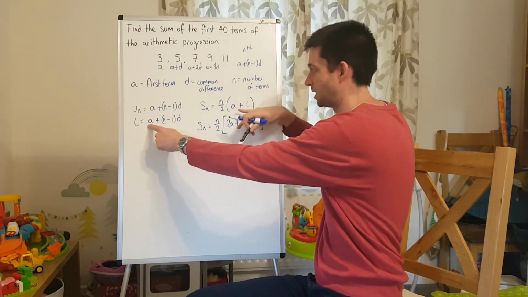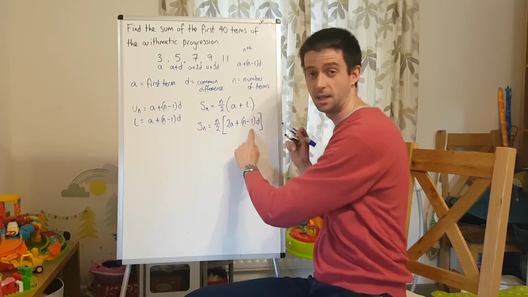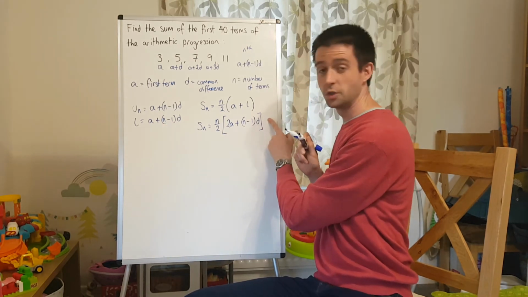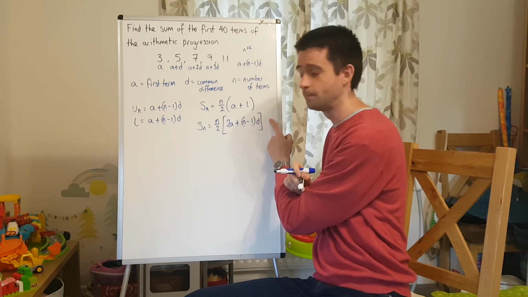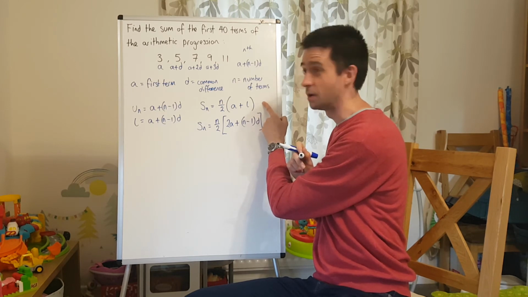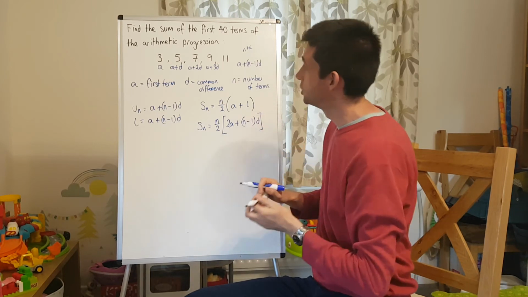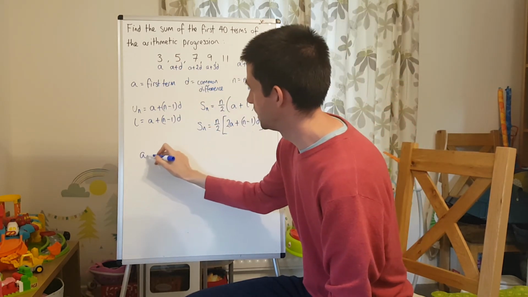So a plus a is where the 2 a's come from, and (n minus 1)d is the rest of it. This one you'll use most often because it doesn't require you to know the value of the last term. People often forget about this one, and if you do know the last term, it's actually a much more useful one.